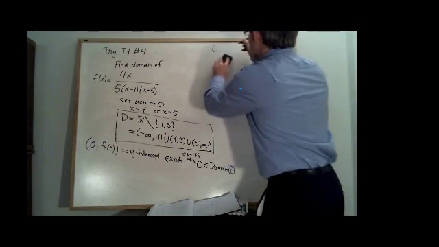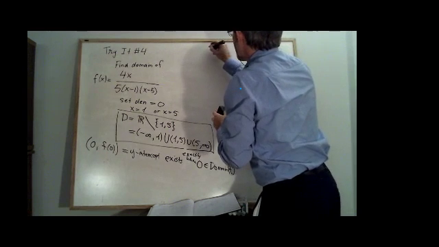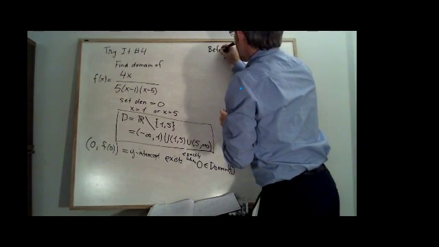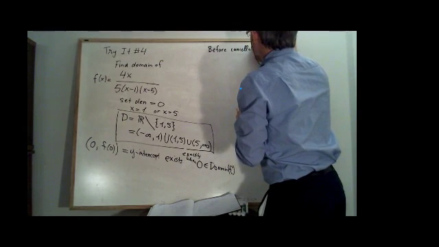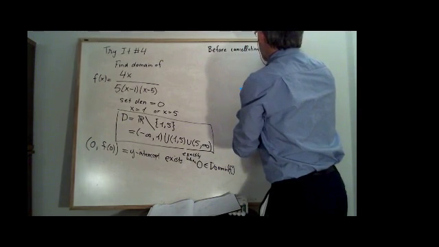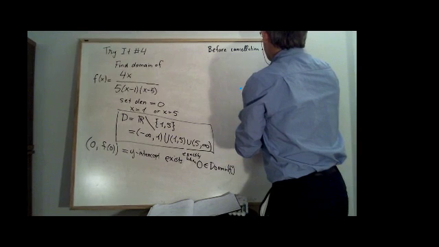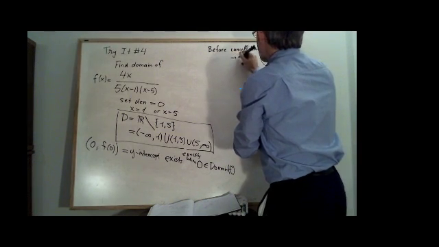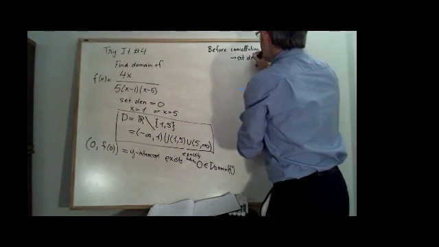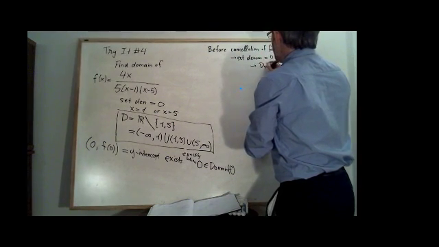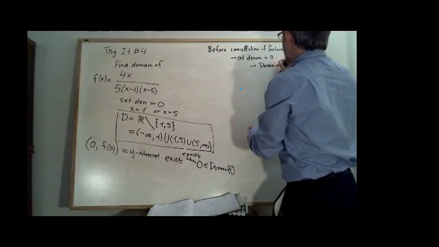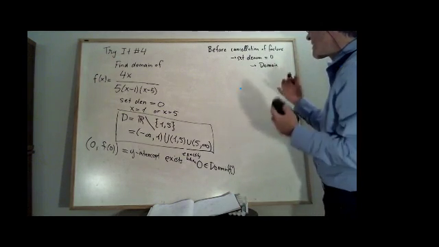So let's just write it like this. Before cancellation of our factors, set denominator equal to 0, and that gives us the domain, or explicitly, points that are not included in the domain.